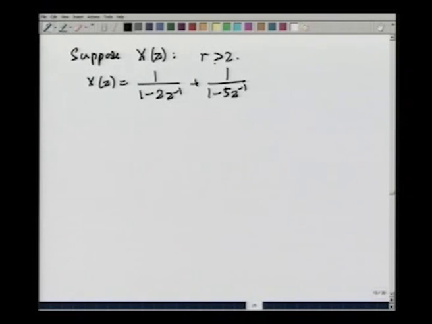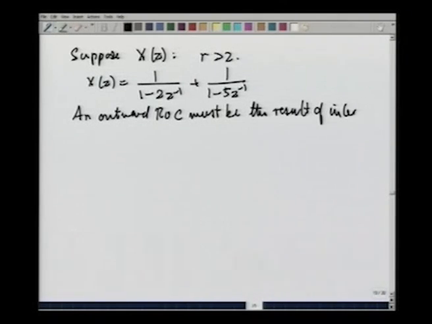Now, if you have an outward ROC, that outward ROC must be the result of intersection of both outward ROCs.